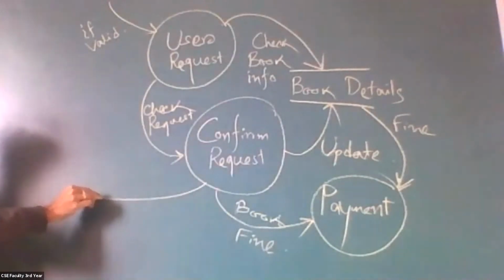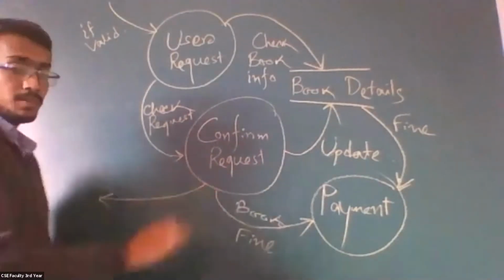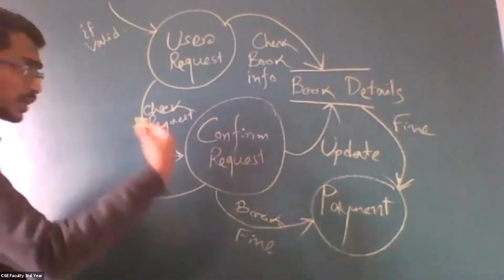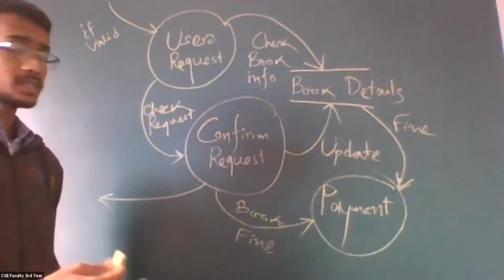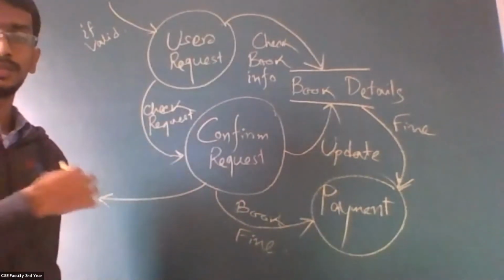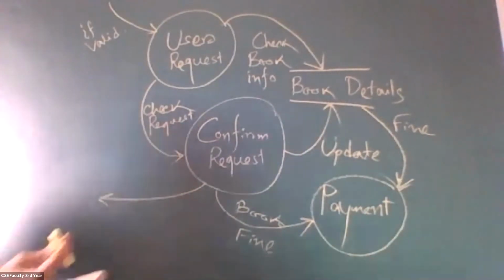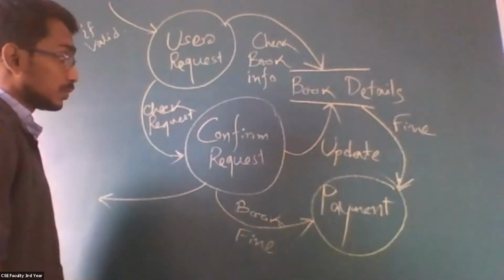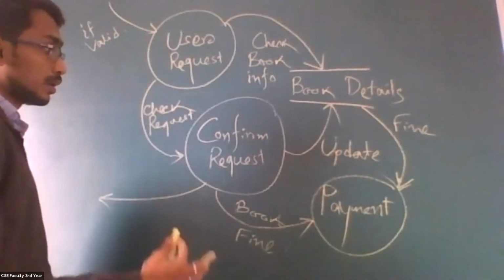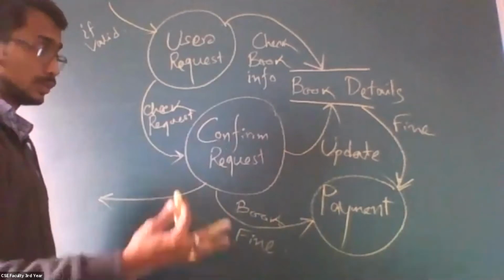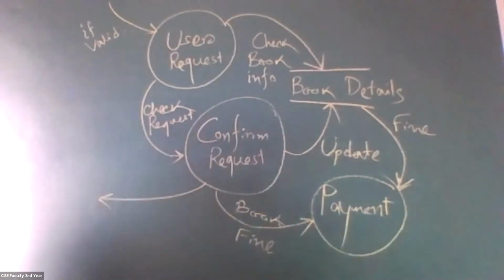So from the confirm request process, the information should be provided to the admin. Now the admin will get the information about what the user is requesting or which kind of task the user is performing here.